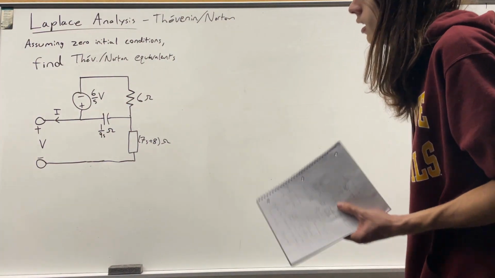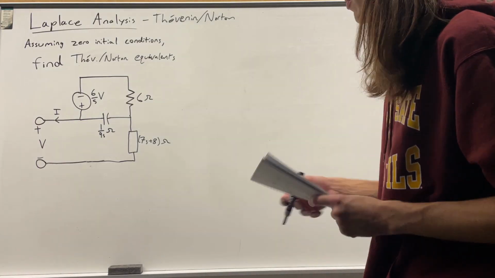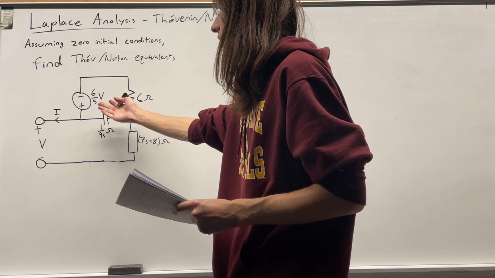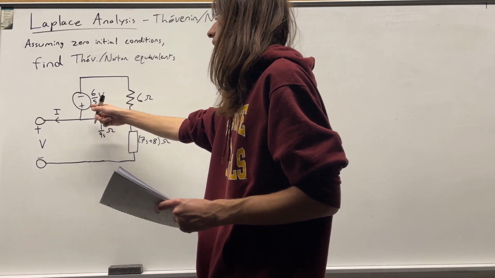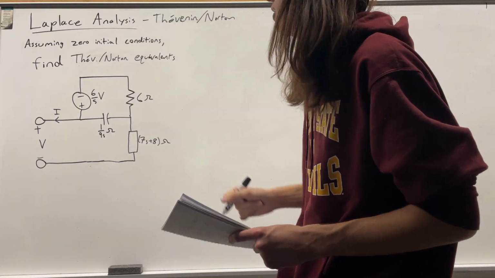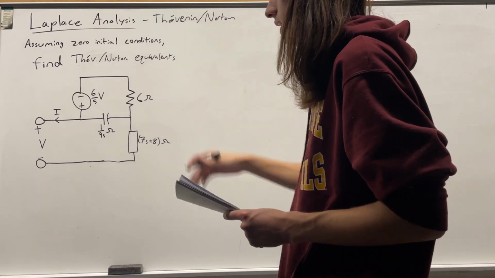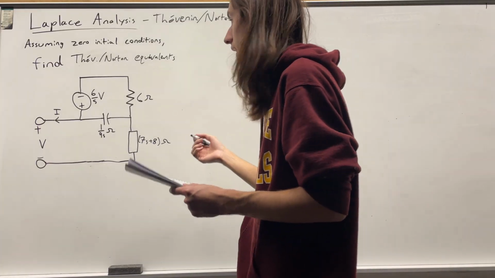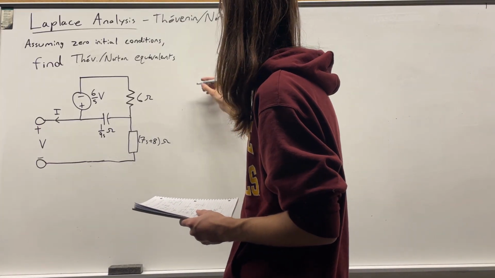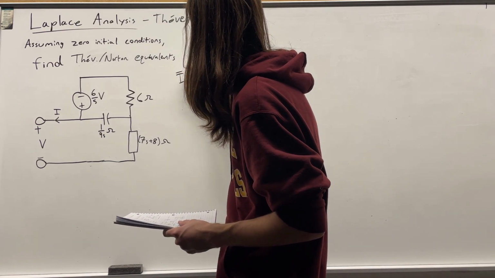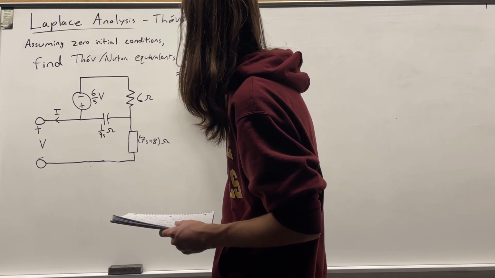And now we can't do any more impedance simplification until we make a source transformation. We can transform this voltage source because it's in series with this resistor, and we can make it into a current source that is in parallel with that resistor. So we have to find what the value of that current source would be. We'll just say I1, call this V1.